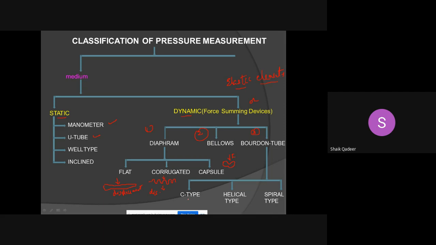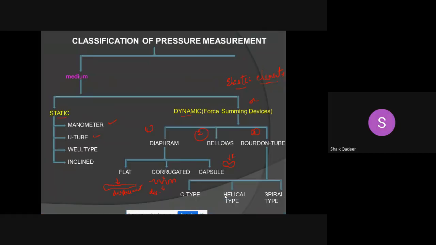There are three types of Bourdon tubes: C shape, helical shape, and spiral shape. The spiral shape or C shape are circular, and the helical type is non-circular. Whatever it may be, here also the same thing happens. On one side force or pressure is applied, on the other side displacement is created. Is it clear to everybody? Yes, sir.